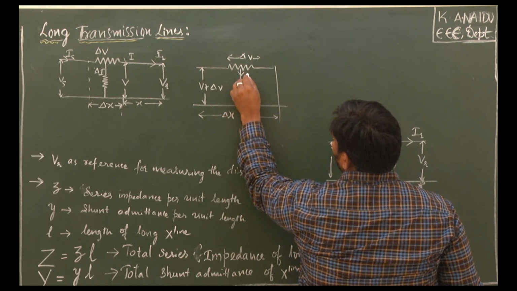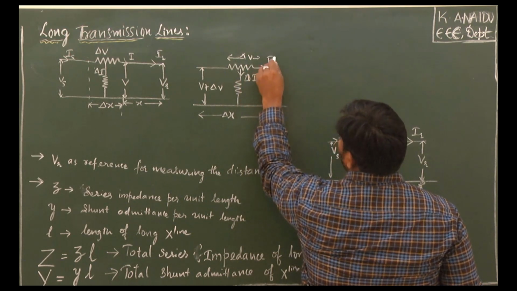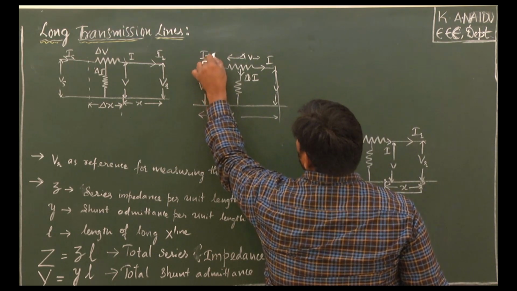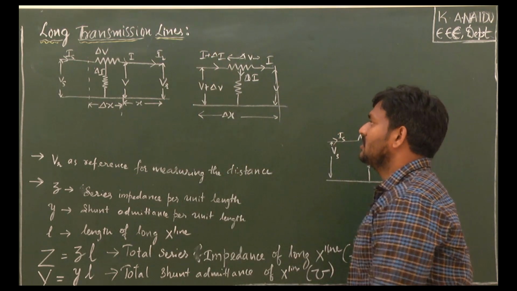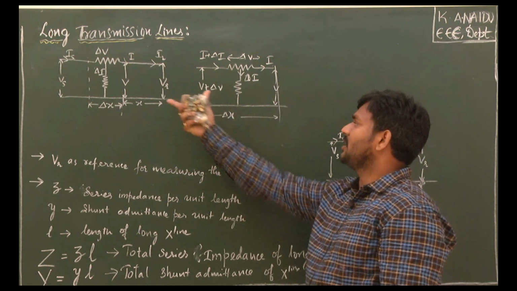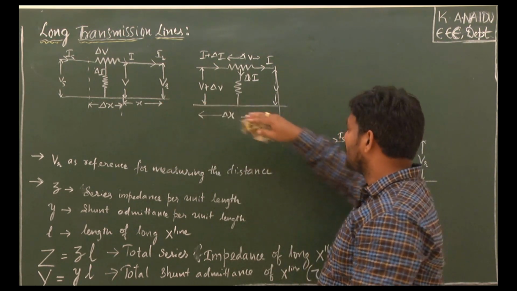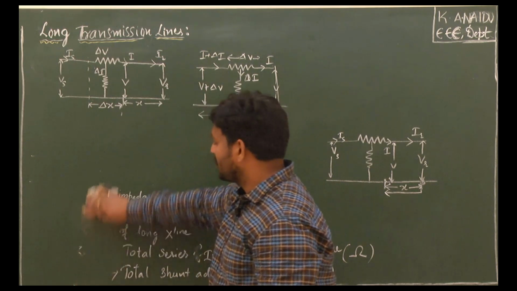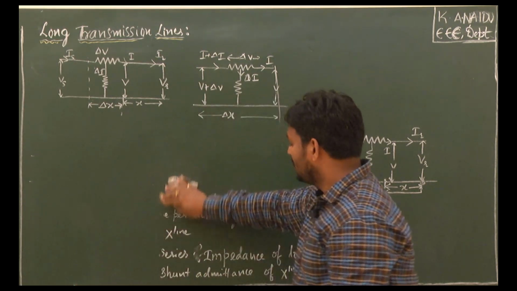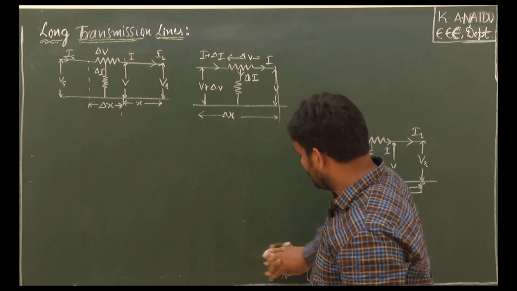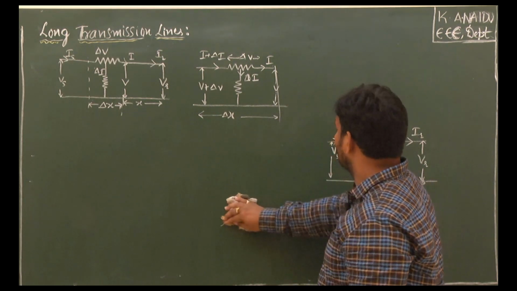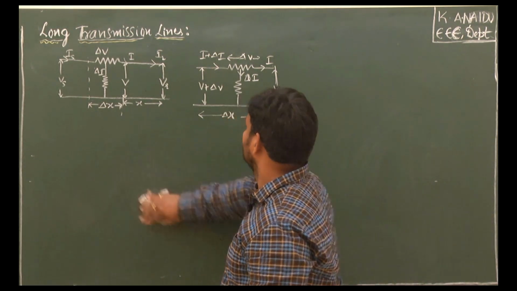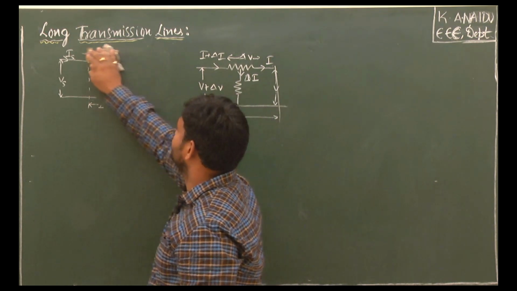Here the current is delta I. This current is I, this voltage is V, and here this current will be I plus delta I. So this is a small differential element which we have taken from the long transmission line. From this we will do the rigorous analysis because all the parameters are distributed and not lumped in the long transmission line. So we will go by the rigorous solution method.